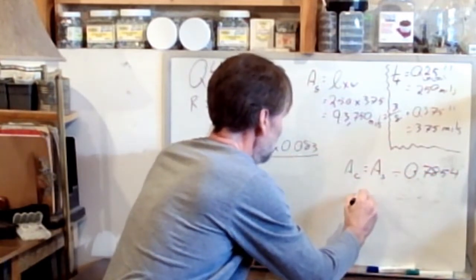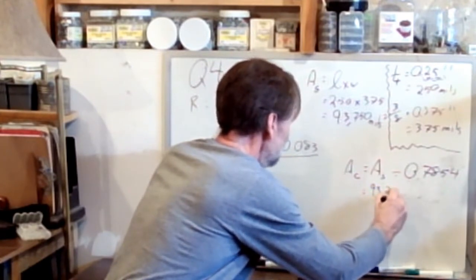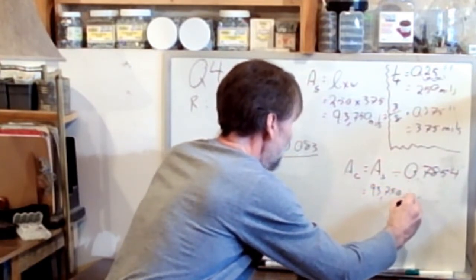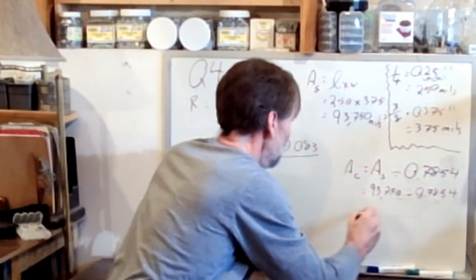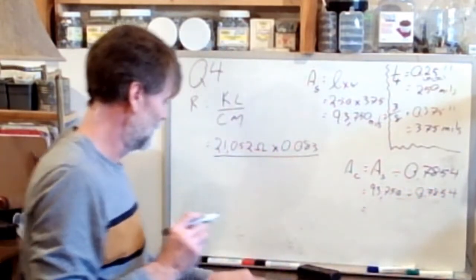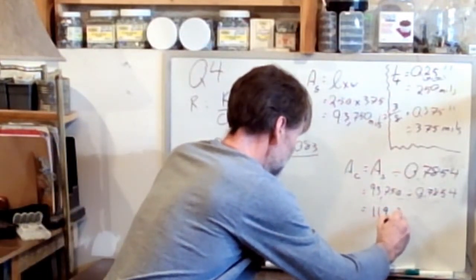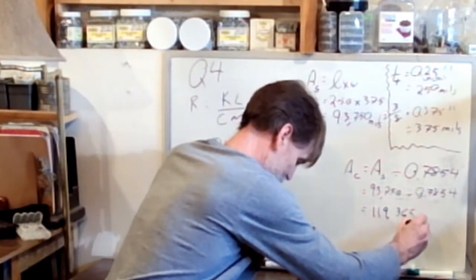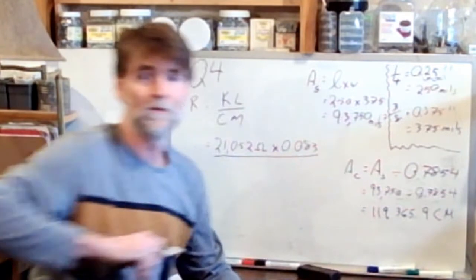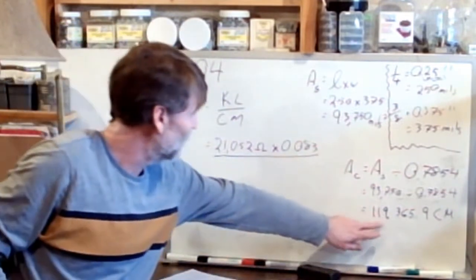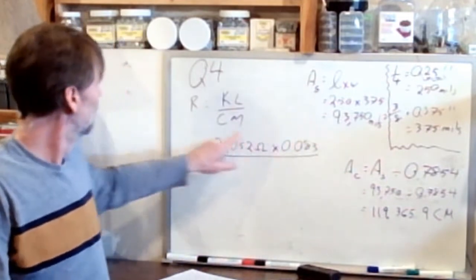So we take our square area, 93,750, divide it by our conversion factor, and we get 119,365.9 circular mils.